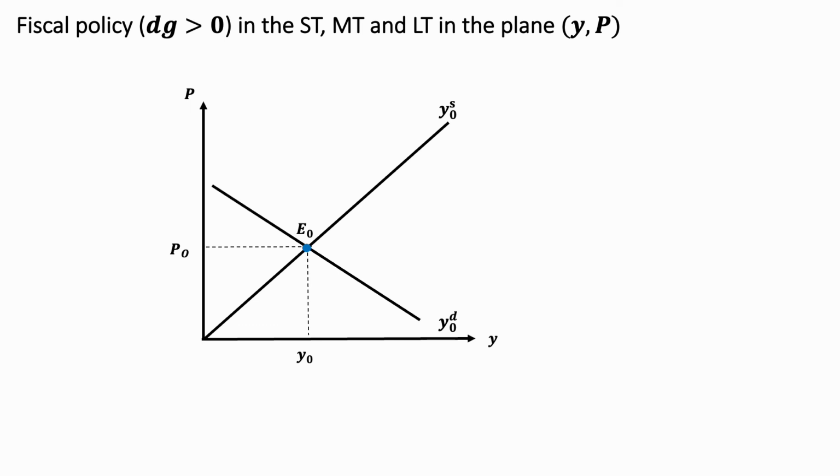We can represent the effect of the shock in the plane YP. Right after the shock, the supply of goods YS increases for any given level of real wage. The quasi-supply curve shifts to the right. In the short term, however, the increase in productivity has no impact on the demand.